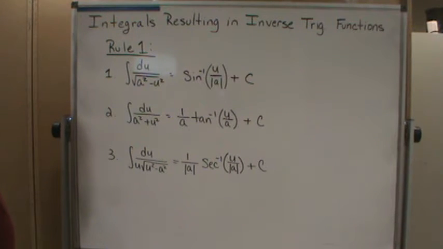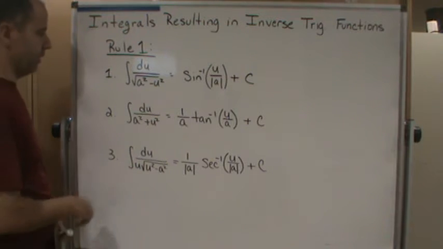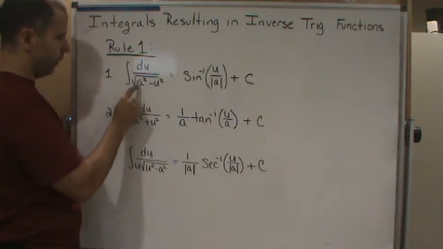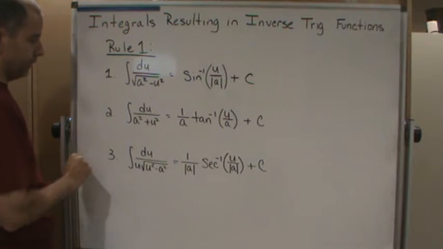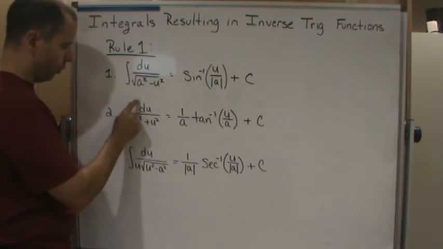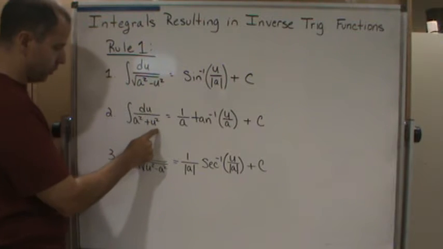Now, number two is anything of the form 1 over a squared plus u squared. So this is of the form 1 over a squared minus u squared. This one is of the form 1 over a squared plus u squared.